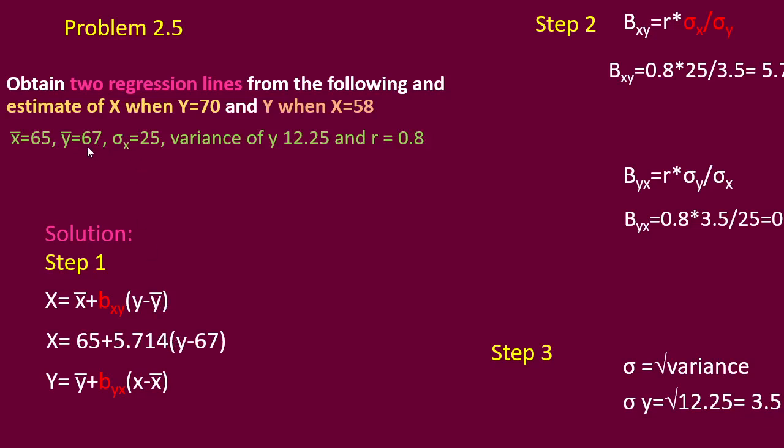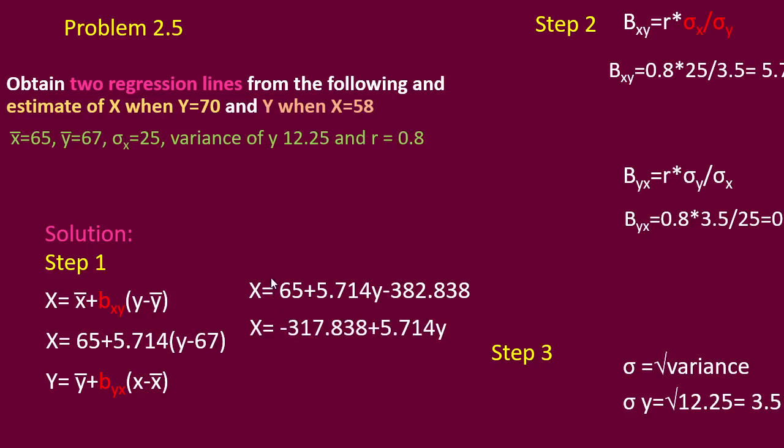Here the mean of y series is 67, given in the problem. So to simplify this equation: 65 plus 5.714 into y, so it is 5.714y. Then 5.714 into minus 67 is minus 382.838.